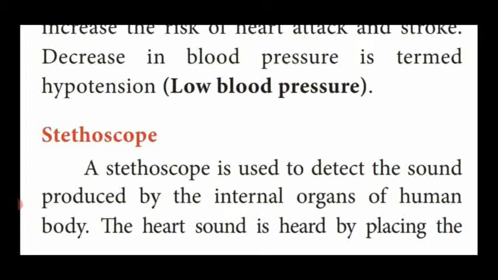First, a stethoscope is used to detect the sound produced by the internal organs of the body. So this is the instrument used to find out the sounds produced in our body. The heart sound is heard by placing the stethoscope on the chest region.